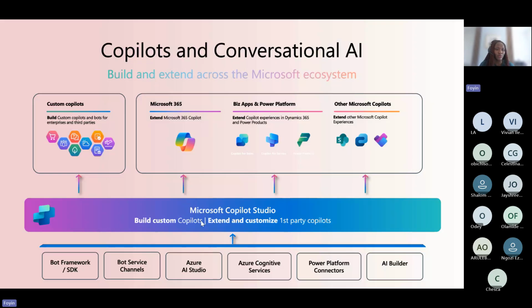But in between is Microsoft Copilot Studio, which is why it's important knowledge to have, because it helps you to extend and customize first-party applications. So you can extend all of this with your Microsoft Copilot Studio. And you can now bring your Azure workloads into Copilot Studio in order to achieve the extensions that you need.